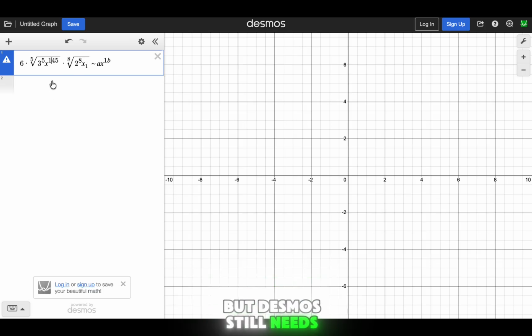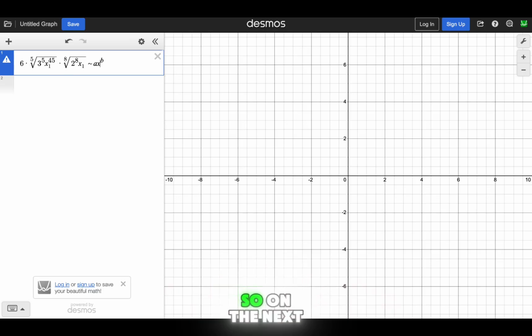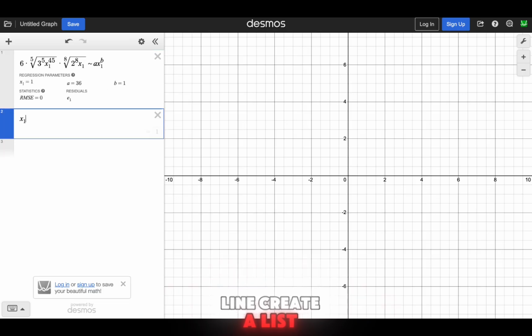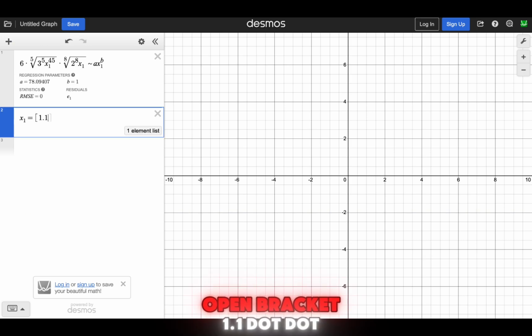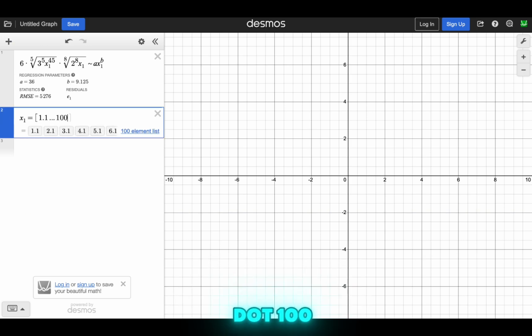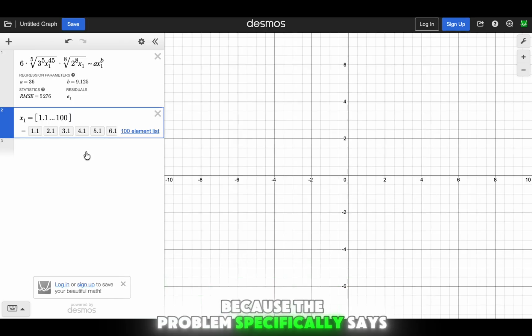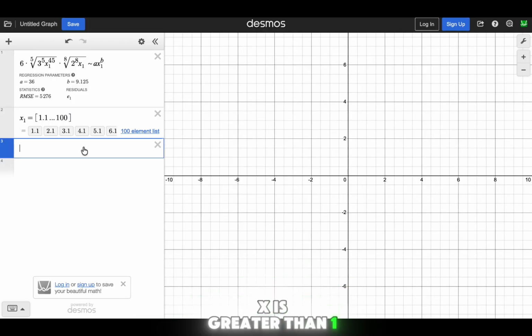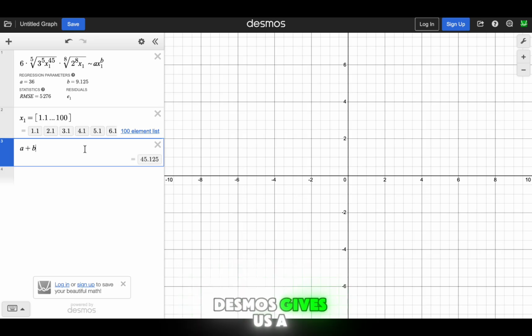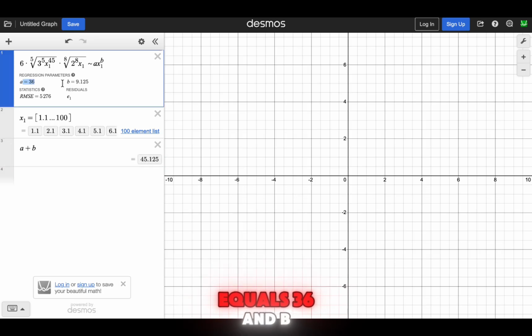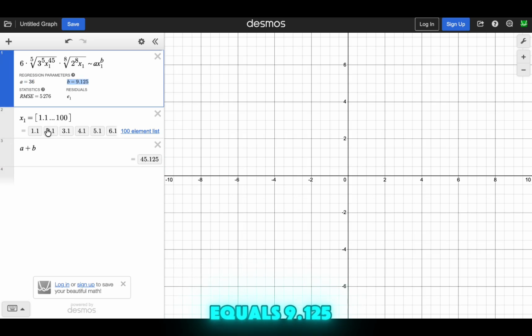But Desmos still needs several x values to compare, so on the next line, create a list. X sub 1 equals open bracket, 1.1, dot dot dot, 100, close bracket. We start above 1 because the problem specifically says x is greater than 1. And boom, Desmos gives us a equals 36 and b equals 9.125.